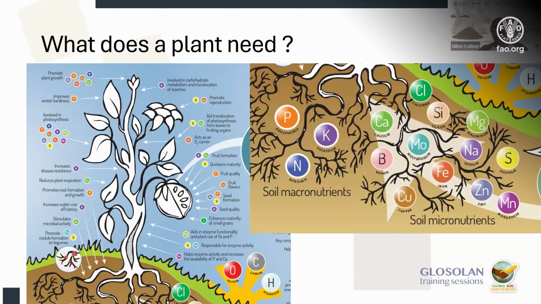And so these elements are here classified as macronutrients. So you will find the phosphorus, potassium, nitrogen on the one side, and the micronutrients, so the elements linked to the soil. Of course, you also have carbon, oxygen, and hydrogen, but they are not taken from the soil.